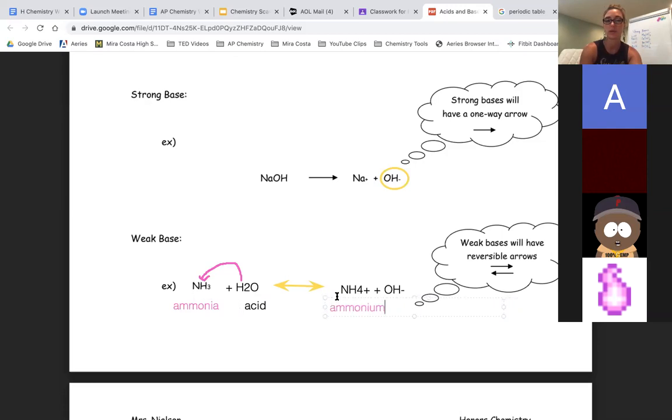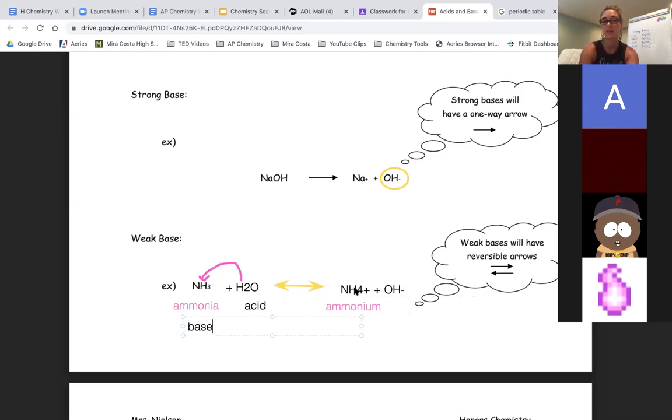This ammonium is one of your polyatomic ions that you should recognize. And then there's that hydroxide ion too. I told you that's the definition of a base, something that produces hydroxide ion in water. The hydroxide ion comes from the fact that water lost its hydrogen. So the water is acting like the acid, ammonia is acting like the base.